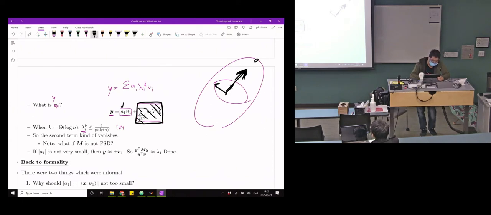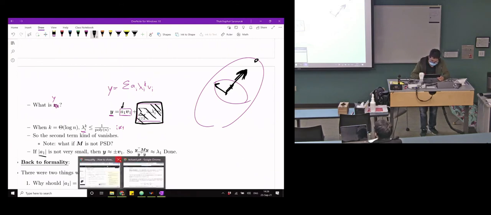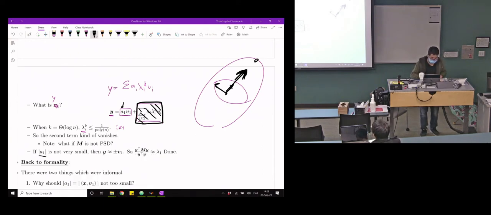And if a_1 is not too small, then y will be close to the first eigenvector. Does this intuition make sense to you?